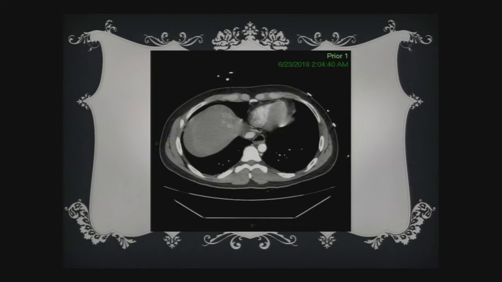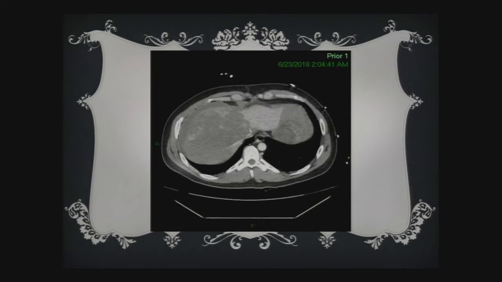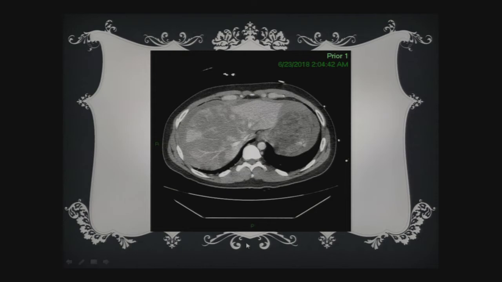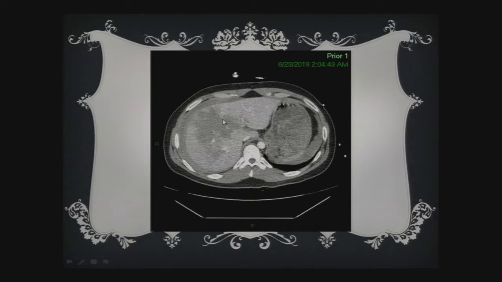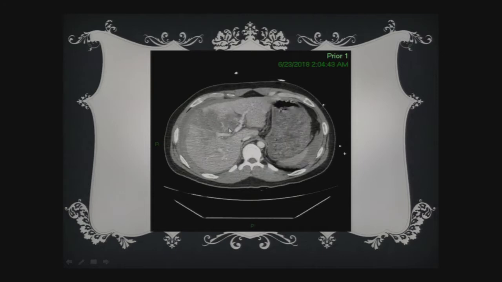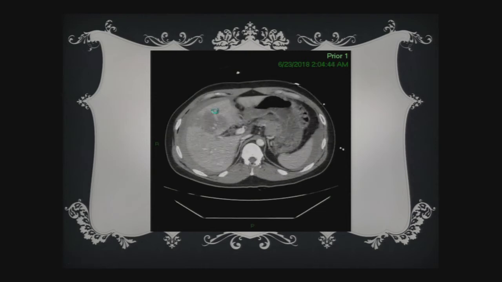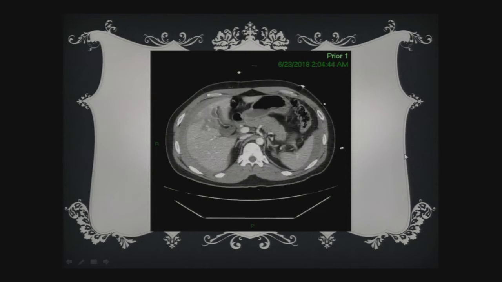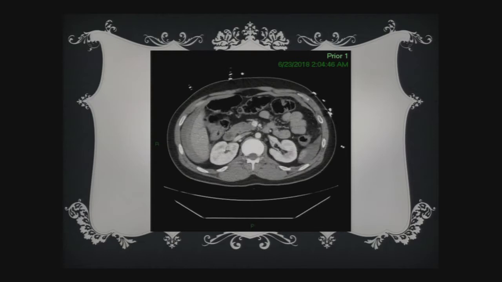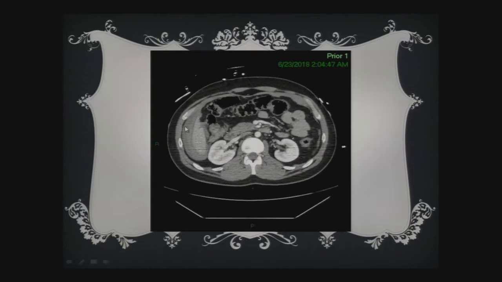Okay, so now we get to the liver appearing, and you can see that this is quite a good deal of injury. This is what normal liver is supposed to look like. This is the injured portion of his liver in the right lobe. The left lobe, not as much. And then as you go down, you can follow the hemoperitoneum down.